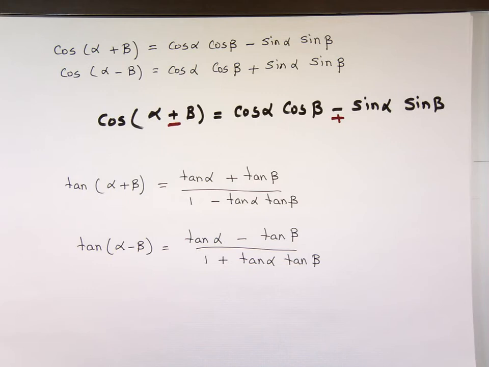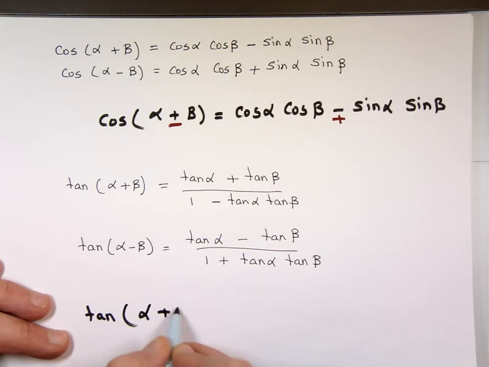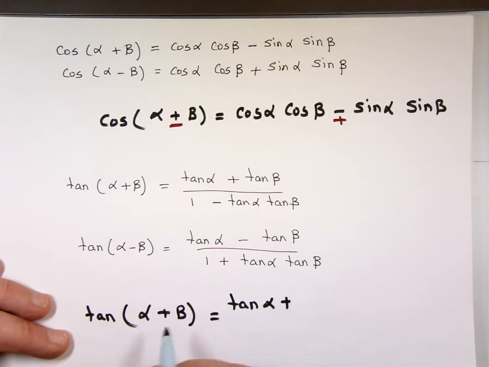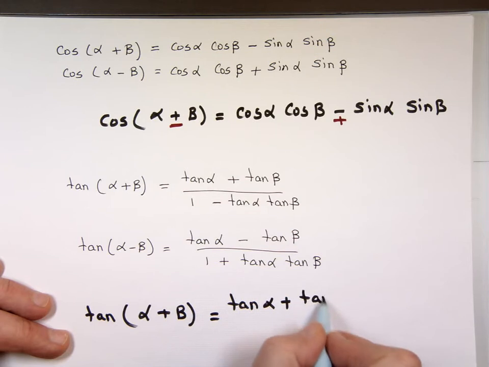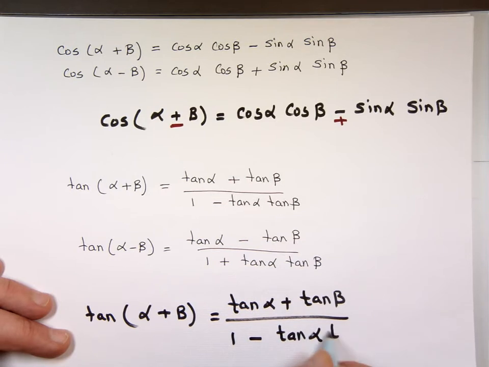Again, if you want to write them as one equation, tangent alpha plus beta is tangent alpha plus tangent beta over 1 minus tangent alpha, tangent beta.